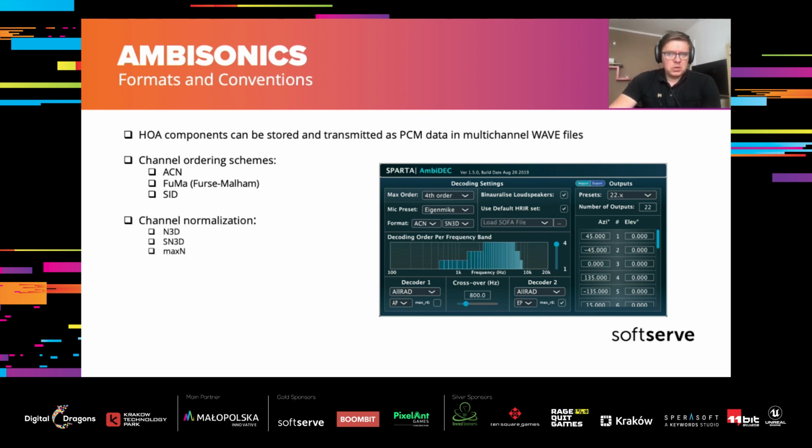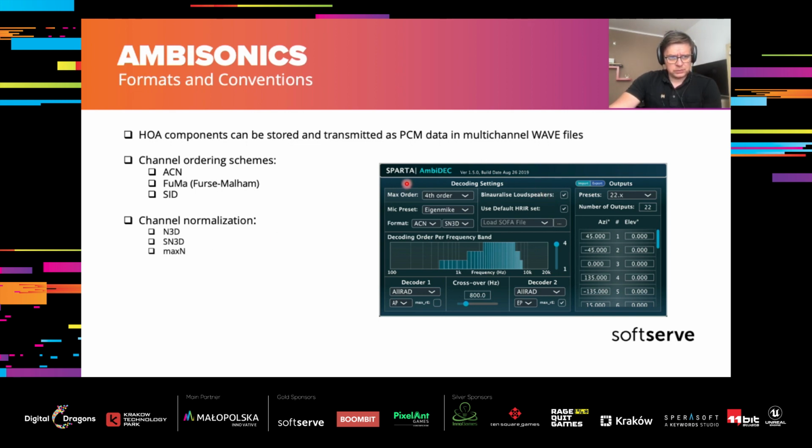Similarly, we need to know how the spherical harmonics were normalized during the production process. That means what gain factors were applied to the specific spherical harmonic components. We can name here N3D, SN3D, and MaxN normalization.